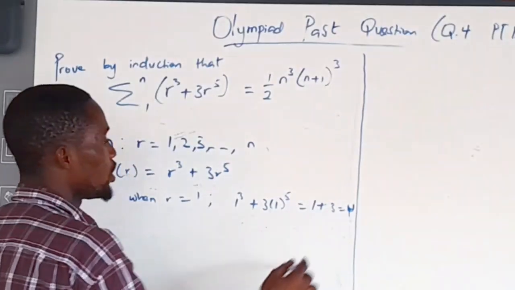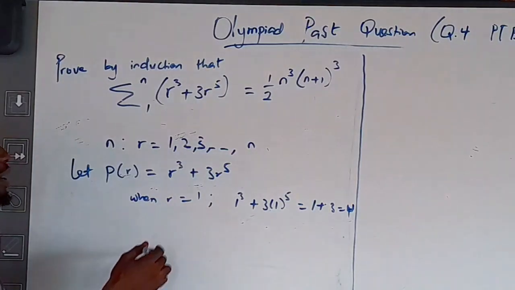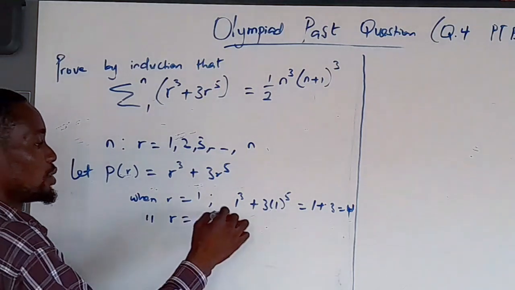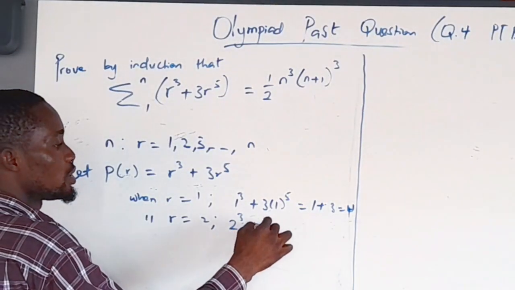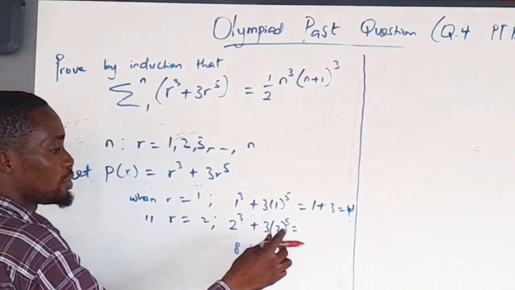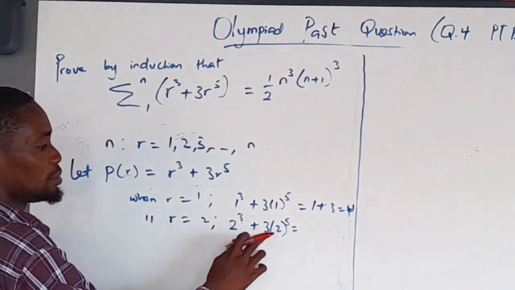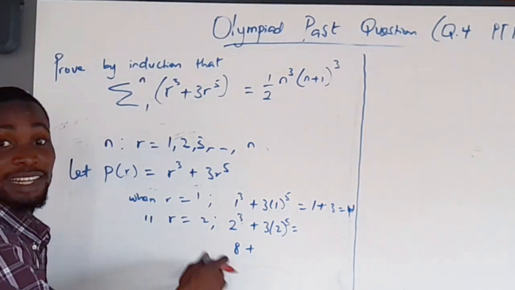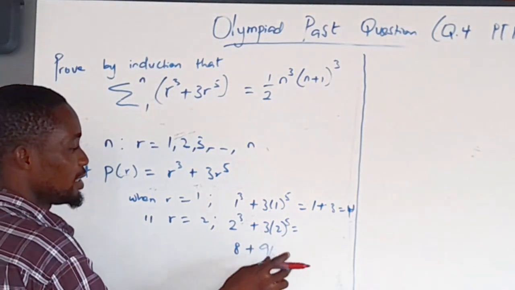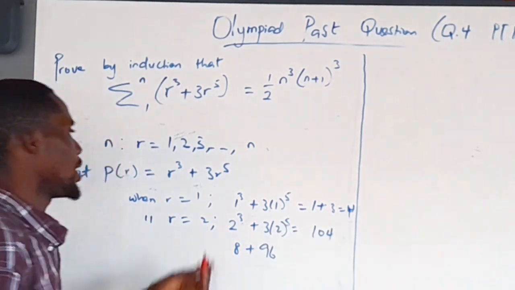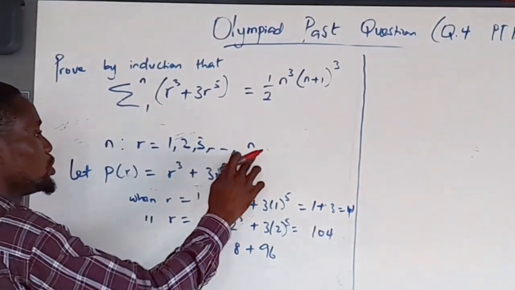When r equals 2, I'm going to have 2 raised to power 3 plus 3 into 2 raised to power 5. 2 cubed is 8, and 2 to the power 5 is 32. 32 times 3 is 96, and 96 plus 8 is 104. And so on until you get to n, which you don't know the number.